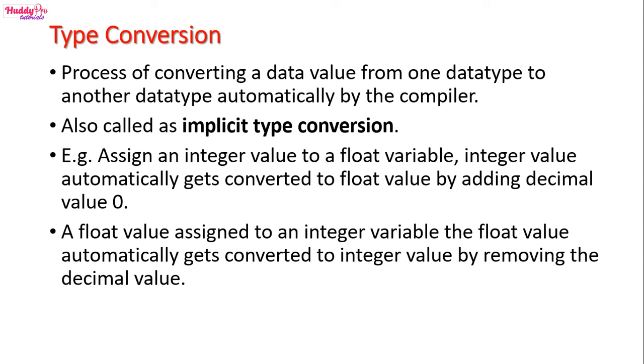For example, when we assign an integer value to a float variable, the integer value is automatically converted to a float value, and this is done by adding zeros or a 0 to the decimal value. And when a float value is assigned to an integer variable, the float value automatically gets converted to integer value by removing the decimal value.